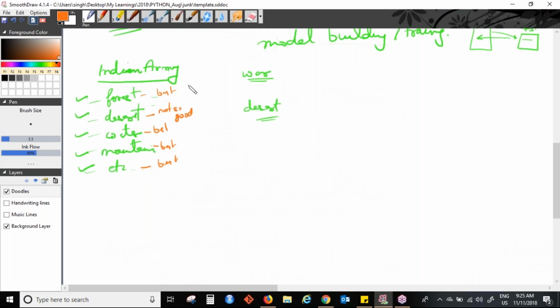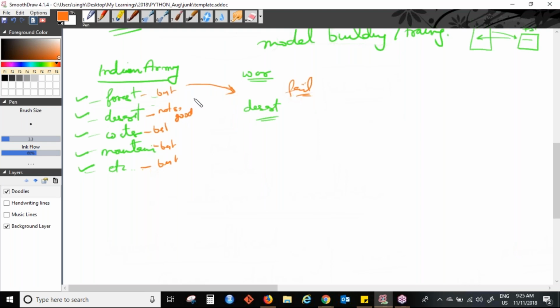Now what would happen as a result of this? We will fail here, because this was the only place where we were not so good. So if we check the accuracy only on this place, we may not be so good.